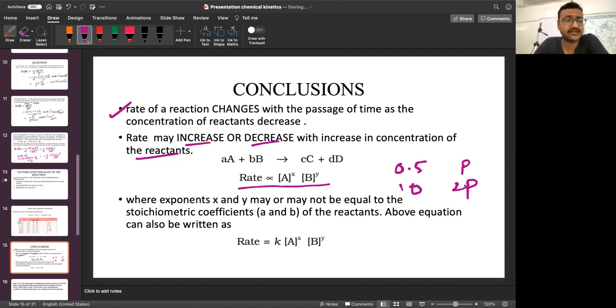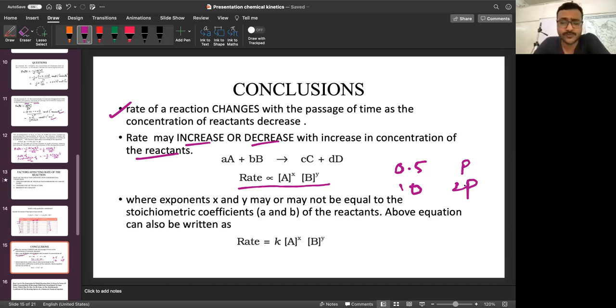This x and y are the experimental parameters, and they tell us the dependence of the rate on the concentration of any particular reactant. It can be any value. It can be a fractional value, it can be 1, 2, 3, 4, it can be a decimal value, it can be a negative value, anything.